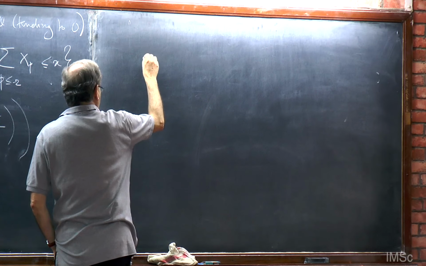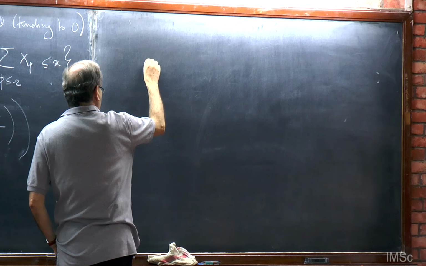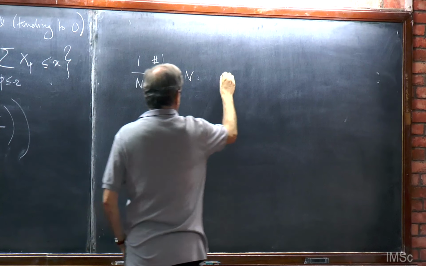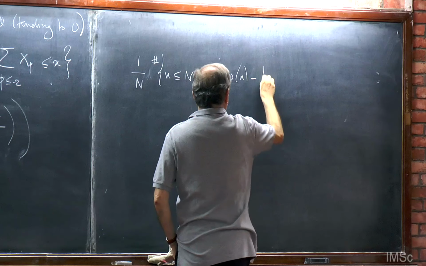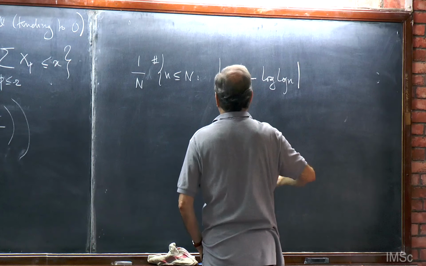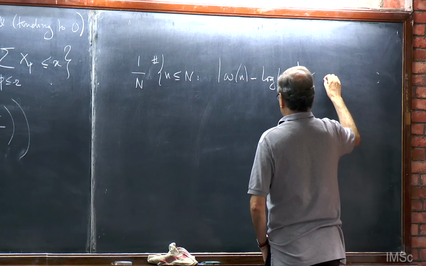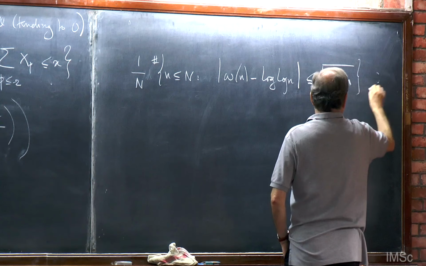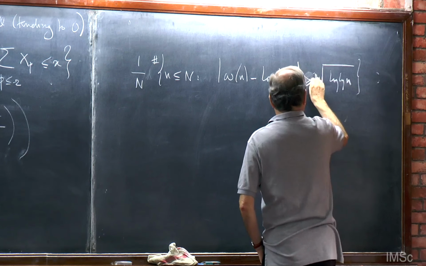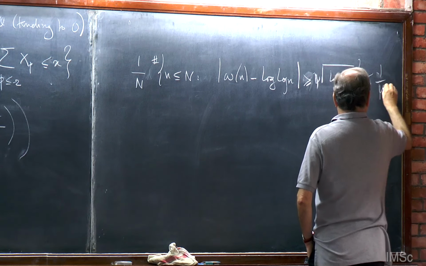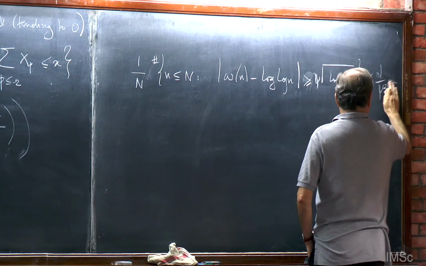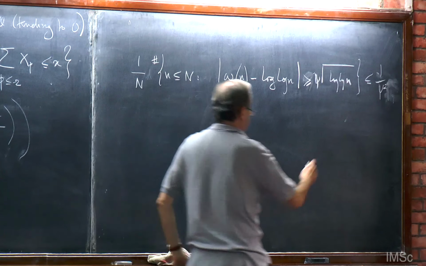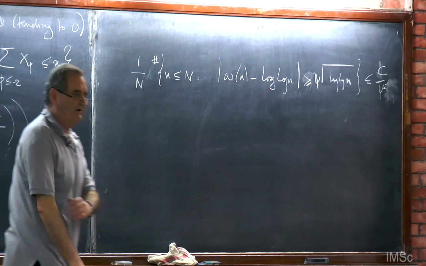Hardy and Ramanujan tell you the following: the sum of 1 over n, the number of n up to capital N for which the absolute value of omega of n minus log n is larger than psi times the square root of log n, is at most 1 over psi square. Big O of a constant. Okay. Good.